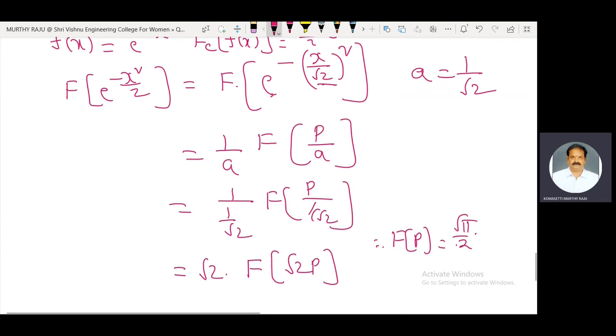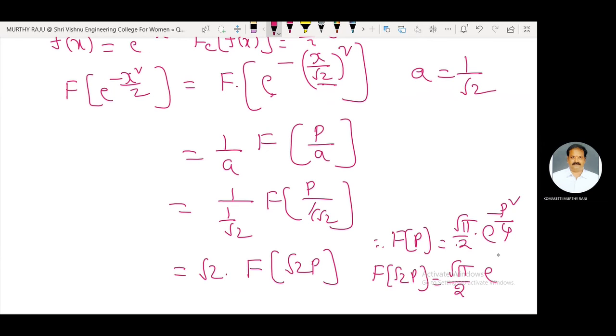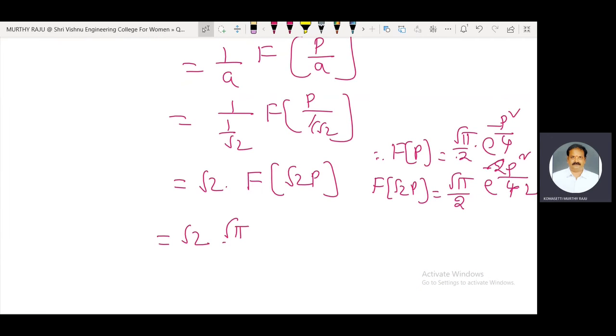F of root 2p is equal to root pi by 2 into e power minus root 2p whole square by 4, which is equal to root pi by 2 into e power minus p square by 2.